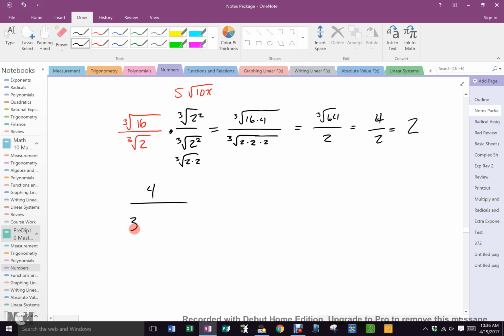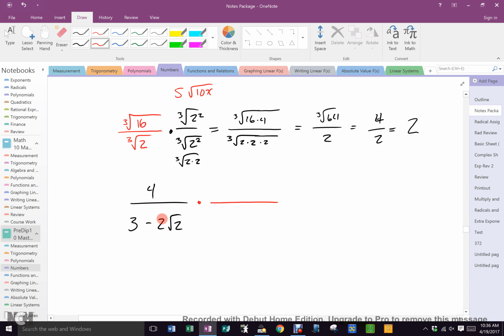4 over 3 minus 2 root 2. What's not allowed there? Is the numerator okay? Yep. Is the denominator okay? No. What's not allowed in the denominator? No radicals. Is this a binomial?